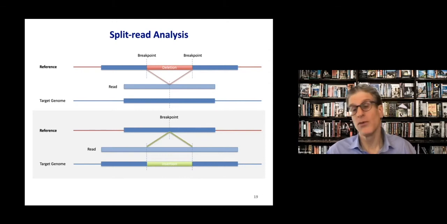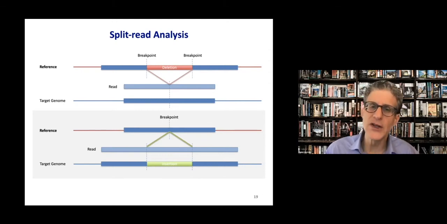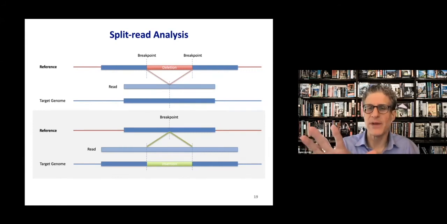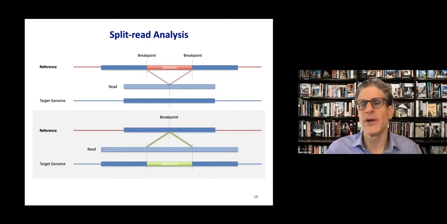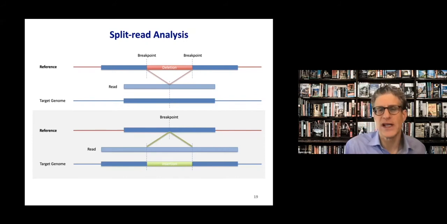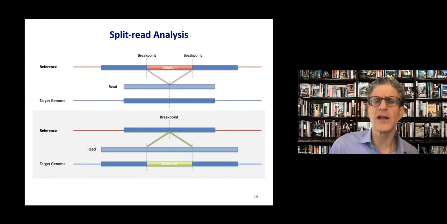So now we have to retool a mapper, and we have to look for a way of mapping split reads. I won't go into the details, but it becomes very computationally challenging. So we no longer will be able to potentially map things as fast as we can with one of these highly optimized mappers.